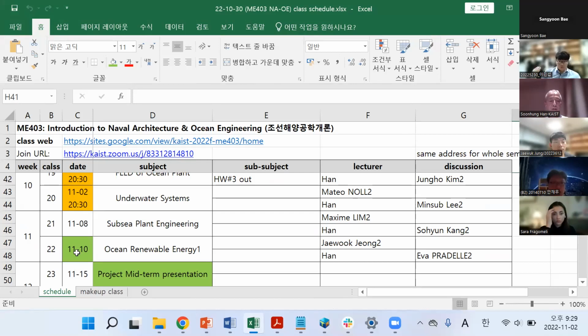And probably on Thursday at the same time we will have an online class because I may have to travel to Changwon City. So that's why I made this a green class. Anyway, we can meet at the classroom next Tuesday at the regular time, 1 o'clock in the afternoon.